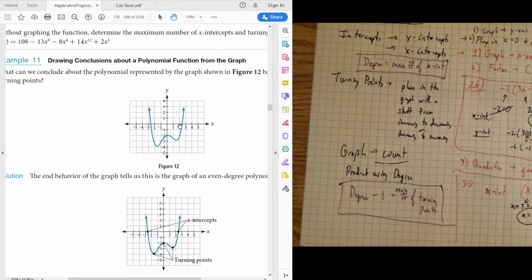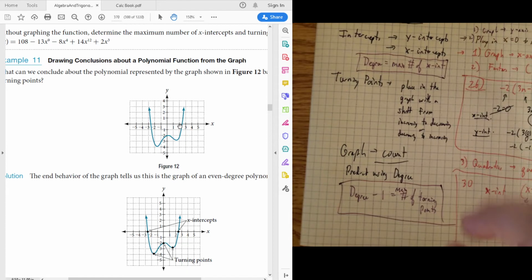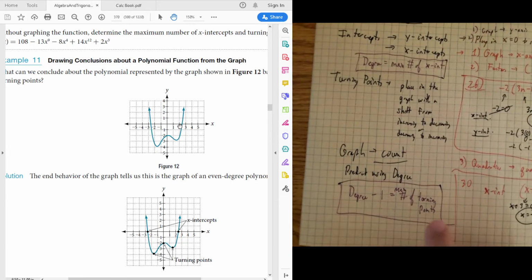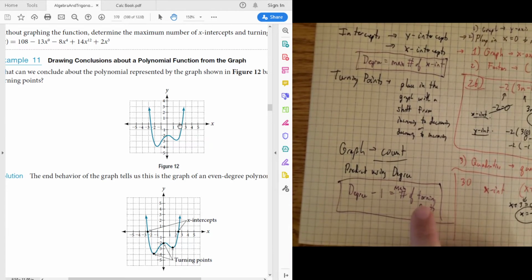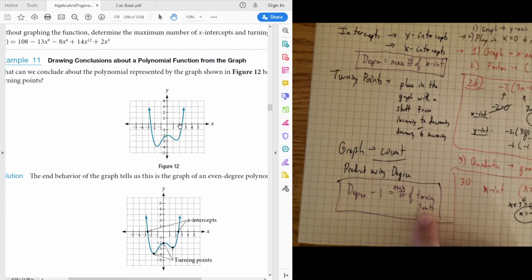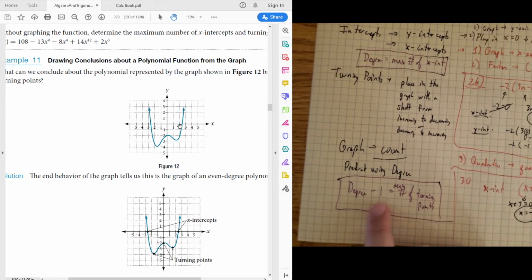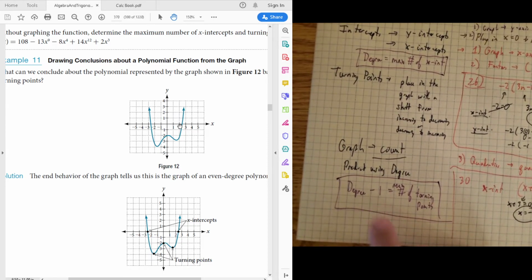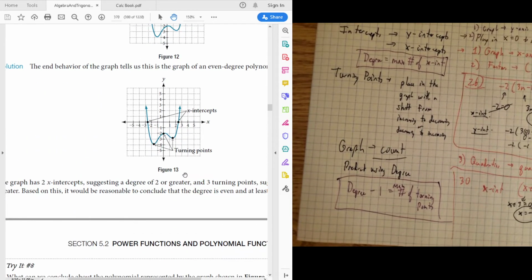And so if the question asks what's the least or the greatest, you need to pick from these two about which one's the better one. So if I look at this example, there are 3 turning points, which tells me that is equal to the degree minus 1, which tells me this could be a 4th degree function, which is exactly what it says right here.